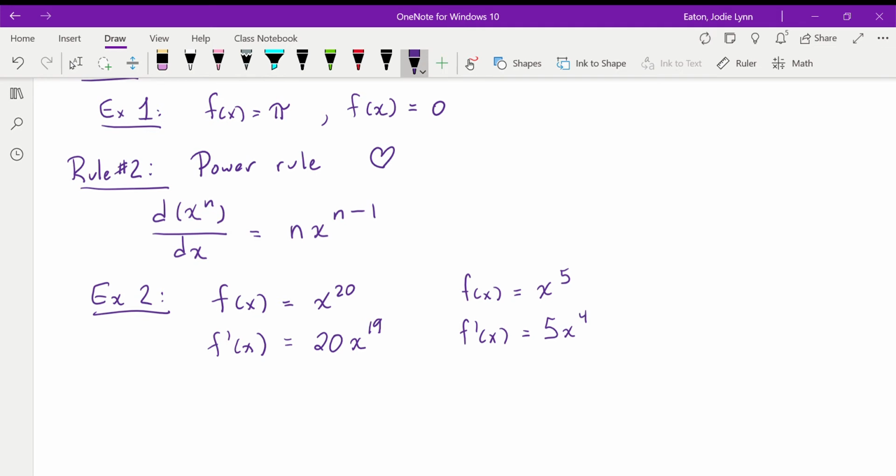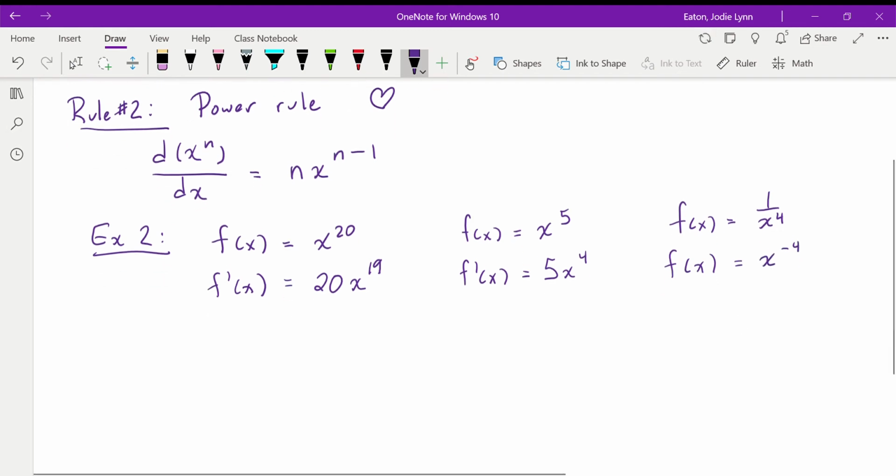The cool thing about this is that this also works for powers that are not positive whole numbers. So let's say we have f of x equals 1 over x to the 4th. So you may recall that we can write this as f of x equals x to the minus 4.